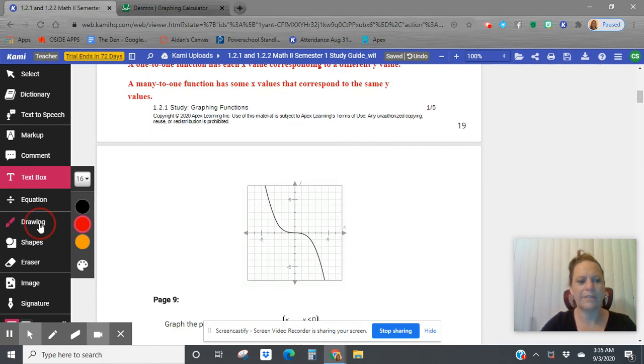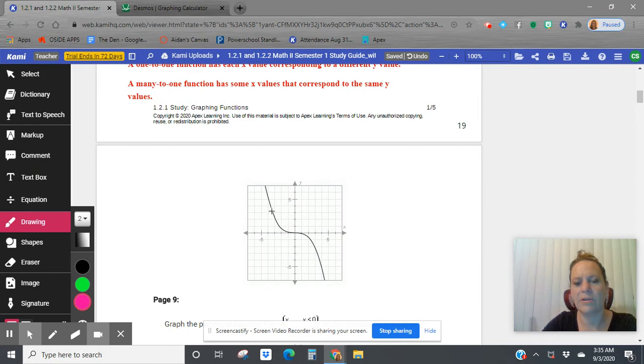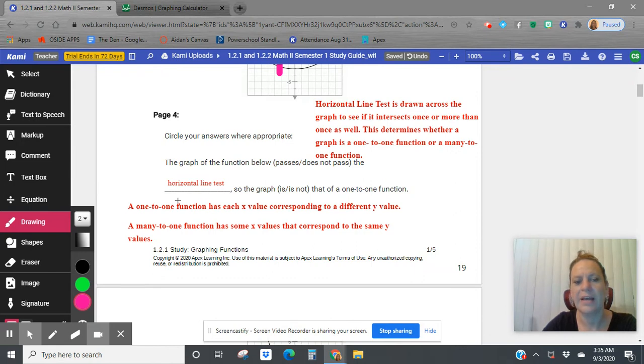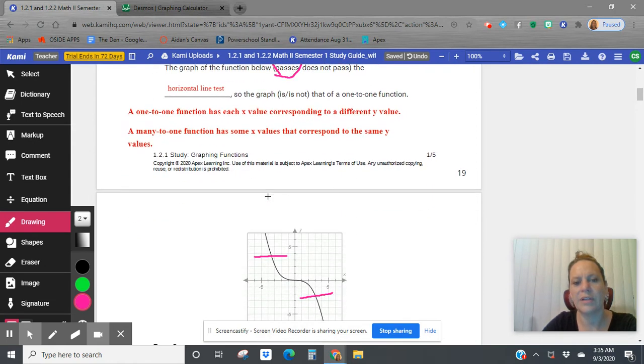Okay, so on this graph right here, let's do the horizontal line test. Touches once, doesn't matter where I put that horizontal line, it only touches once. So the graph of the function below passes the horizontal line test. So the graph is a one-to-one function.